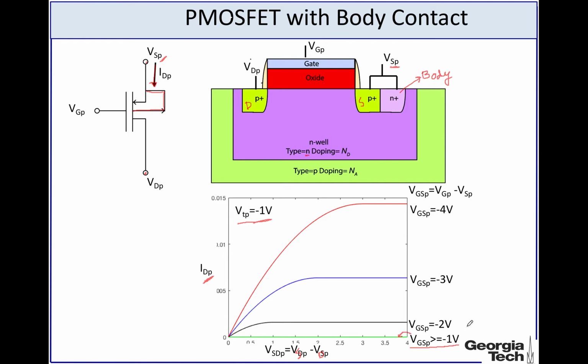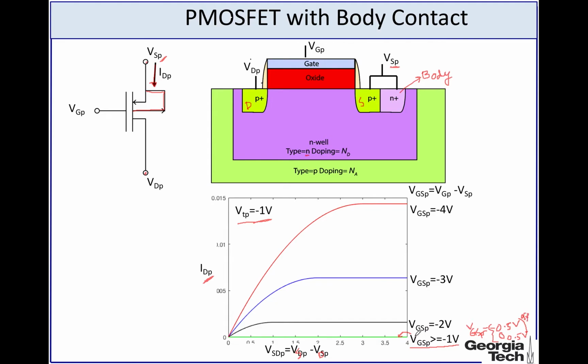In other words, when the gate voltage with respect to the source voltage is say negative 0.5 volts, or even 0 volts or 0.5 volts, this device will be off.